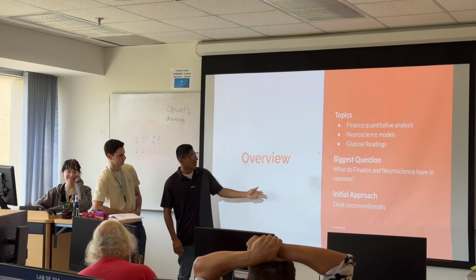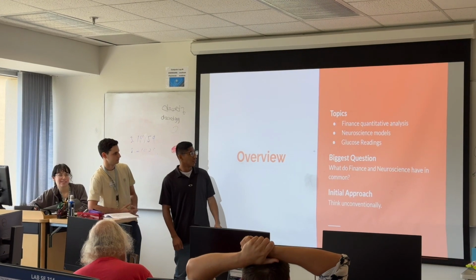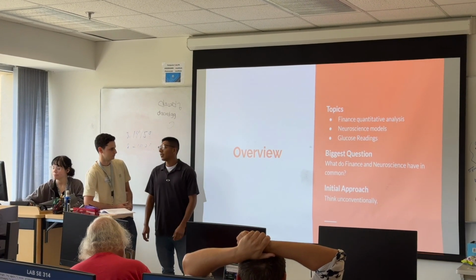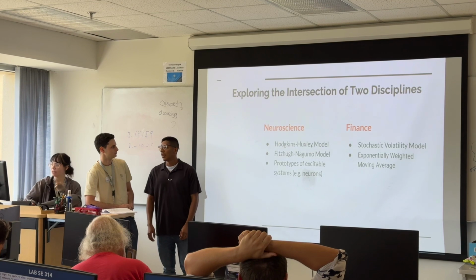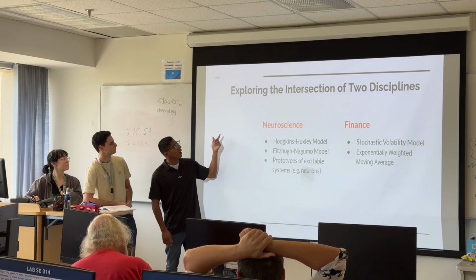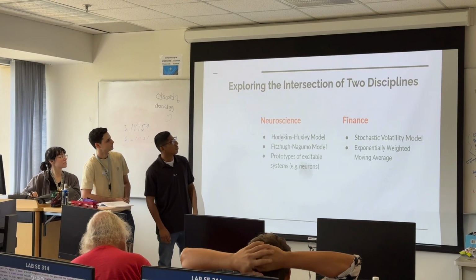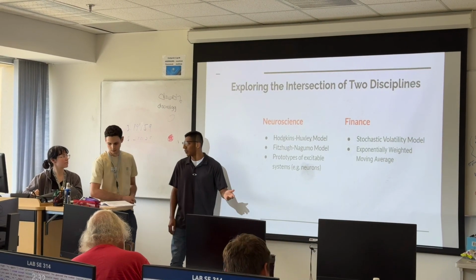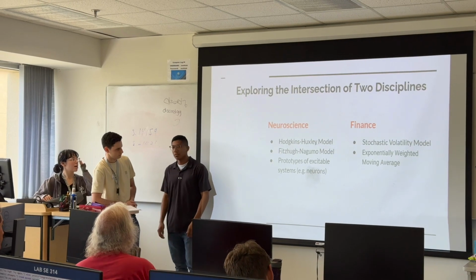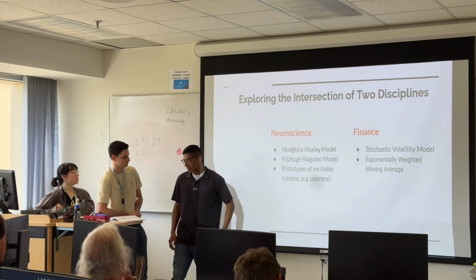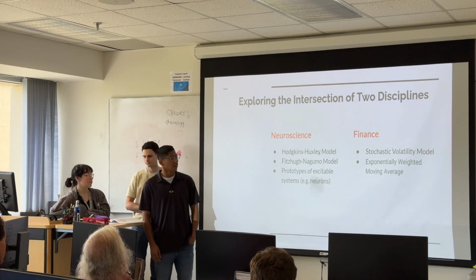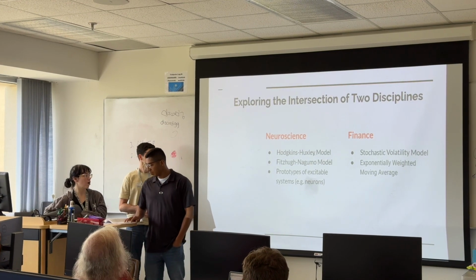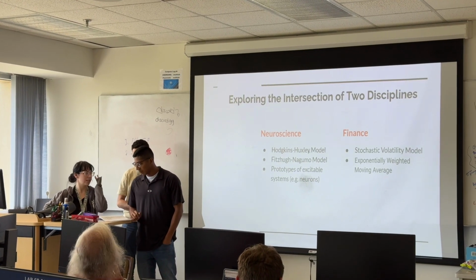And so the initial approach for what we started was to think unconventionally. And so to begin, how did we start here? We started exploring the intersection of two disciplines, and we looked at these specific models, and Lindsey can talk about the two on the left. Yeah, so Hodgkin's-Huxley model as well as the Fitzhugh-Nagumo model are both prototypes of excitable systems.